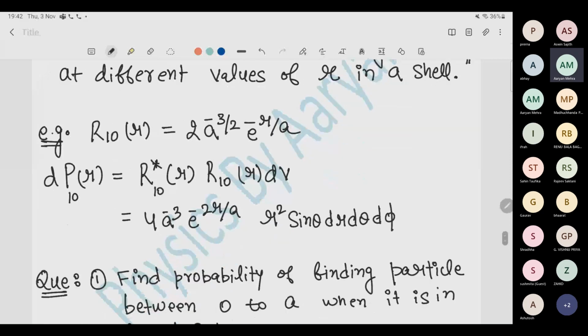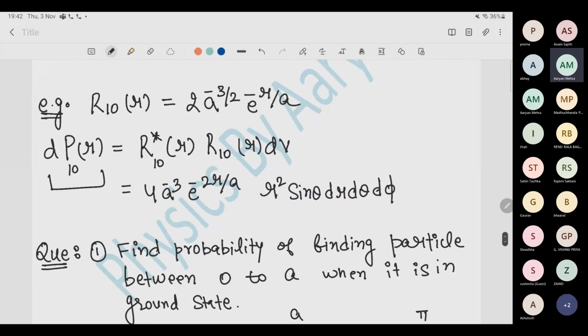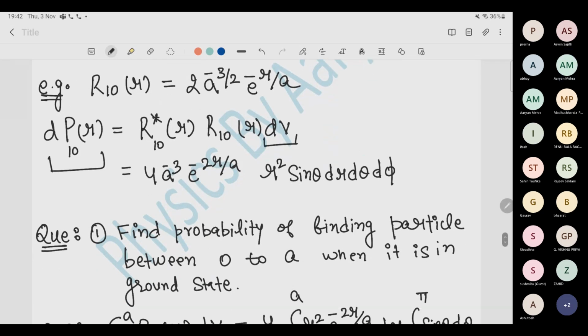Now if I give you R10 and ask you to find the probability dP, what does this dP mean? dP means what is the probability that I will find an electron in the small volume dV. This is how we do the mathematics. If you want to find a probability density at all the points, you will say dV approaches 0, meaning your small volume is almost 0.